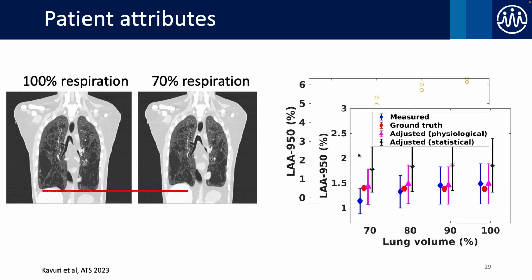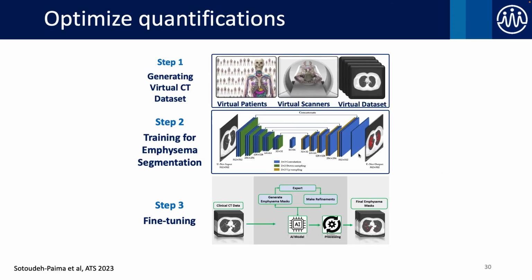If you want to adjust for this effect, we have observed that this particular physiologically adjusted model was better in terms of mitigating the effect of lung volume. So these are two examples of how you can do protocol optimization, and you can address the patient attribute variability.